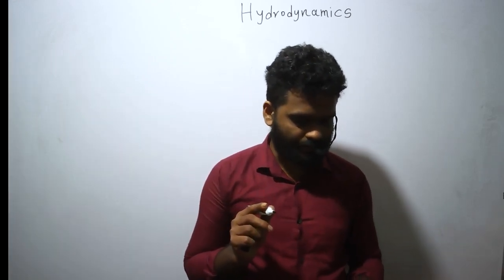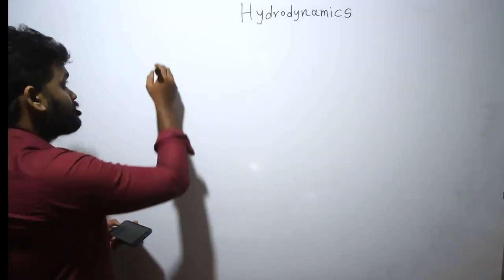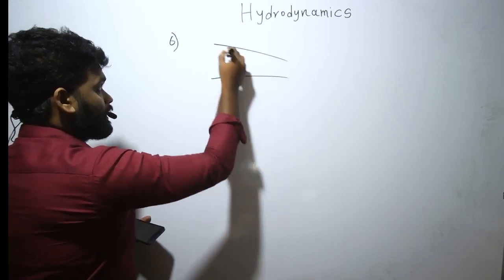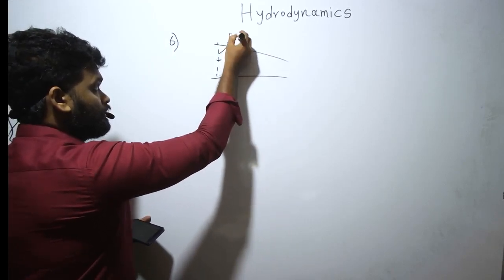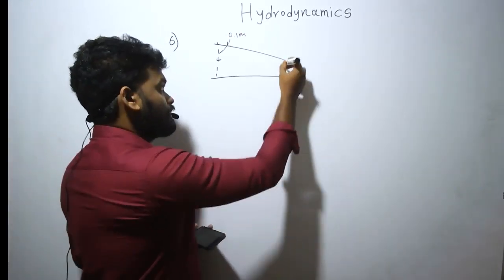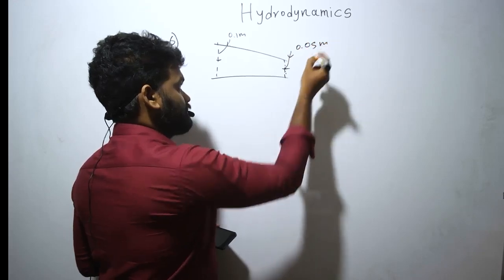Right, sixth question. Two cross sections of a pipe having radii 0.1 meter and 0.05 meter.